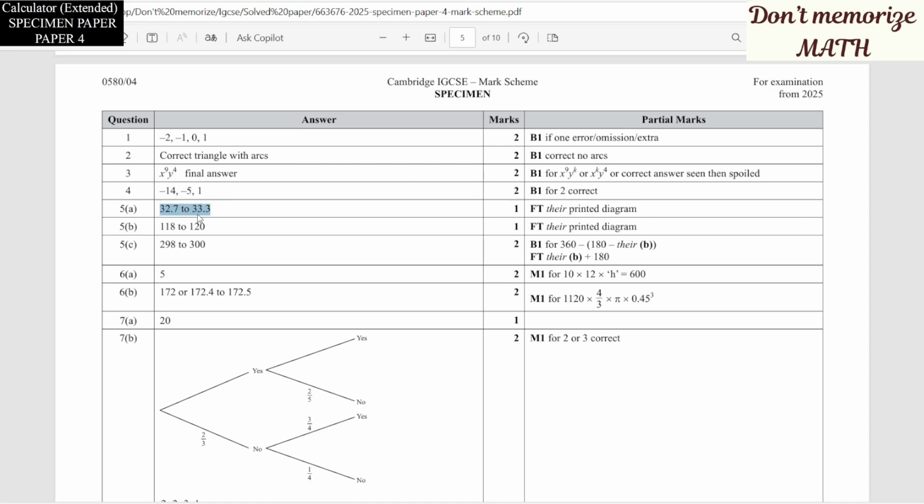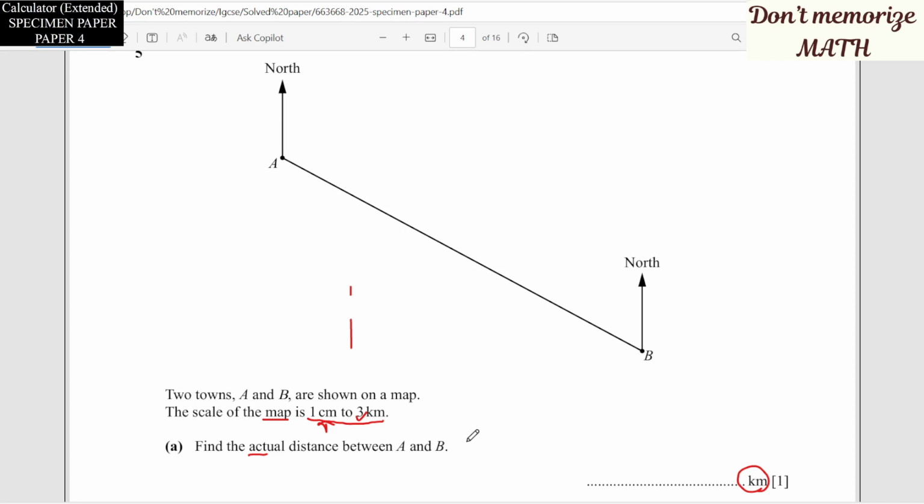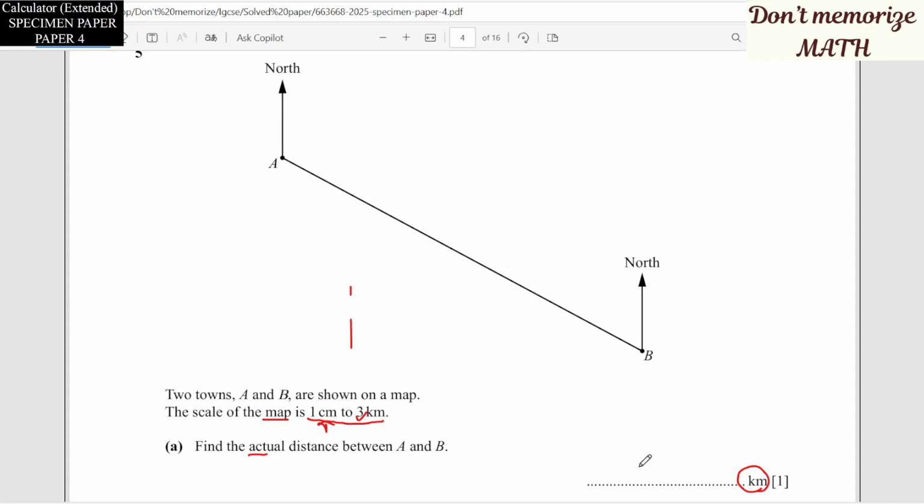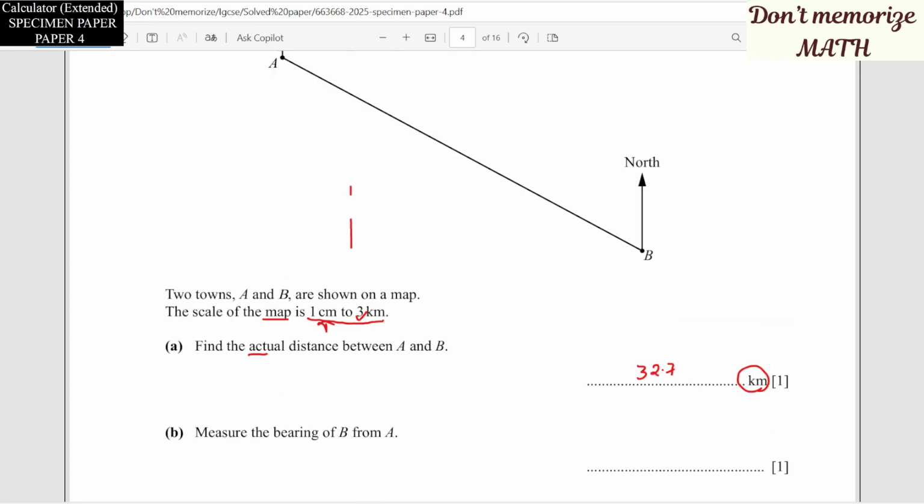I think it will be 11 point something, not exactly 11. So multiply it by 3, and you will get the actual distance. I will just write one of the numbers here, 32.7. Okay, we'll move to question B.